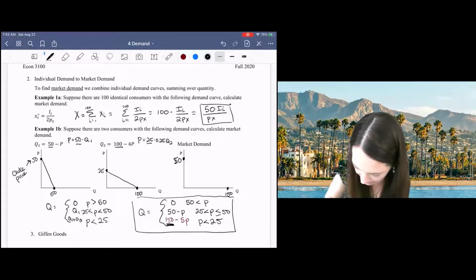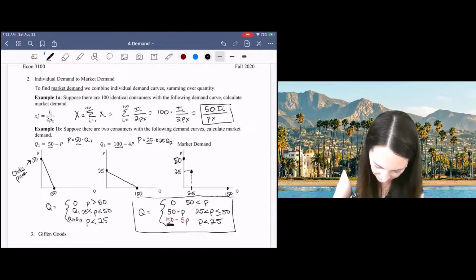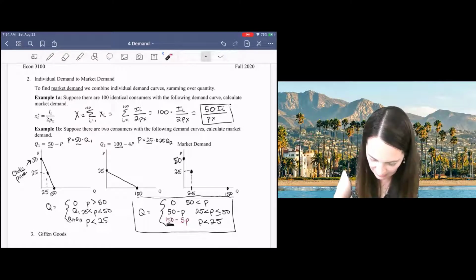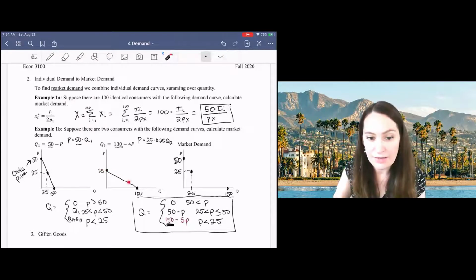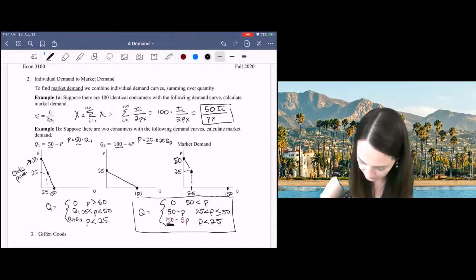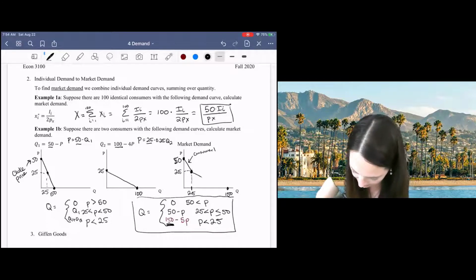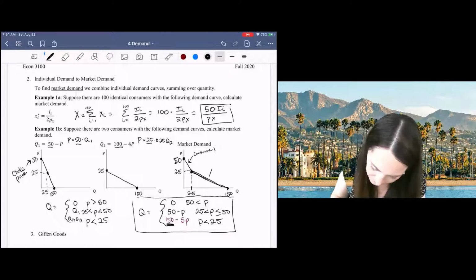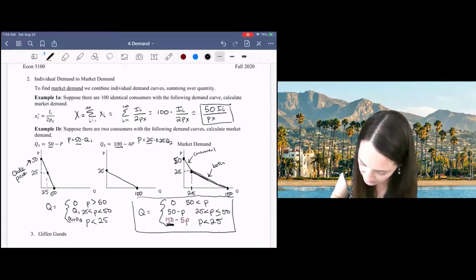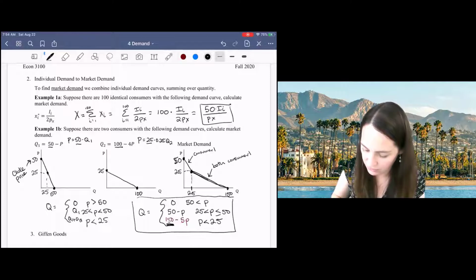But then there's going to be a kink point at quantity of 25, price of 25, halfway down this demand curve, then we start to add on this other demand curve. And so up here, we just have demand from consumer 1, but then down here, we have demand from both consumer 1 and consumer 2.